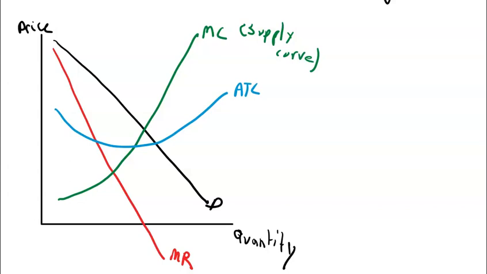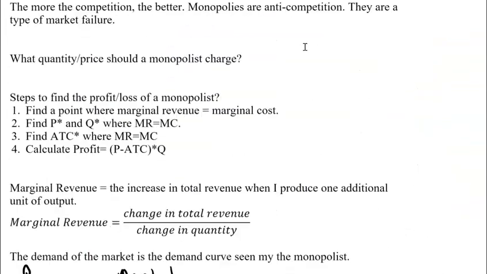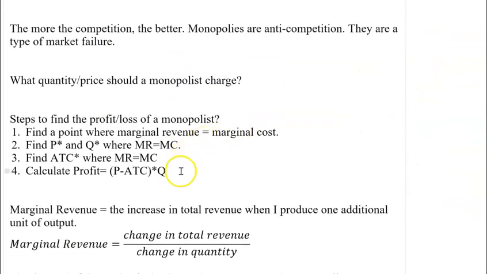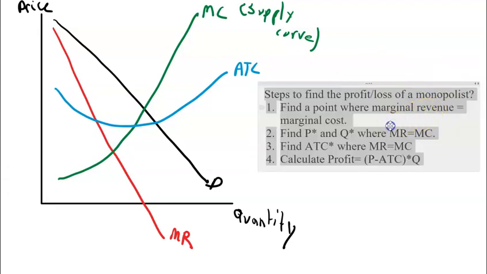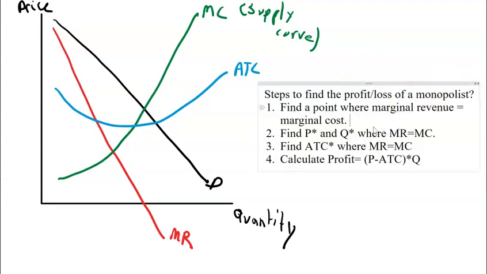So in this case, we have to find out what is the point where marginal revenue equals marginal cost. So let me copy this down. We will need this. So my first step is, what is the point where marginal revenue equals marginal cost? So I look at my marginal revenue, which is this line, and my marginal cost, and they intersect at this point.